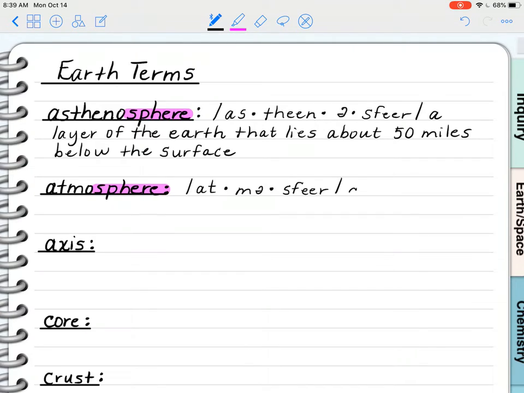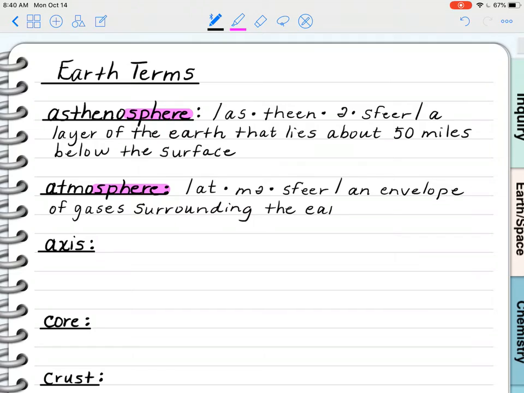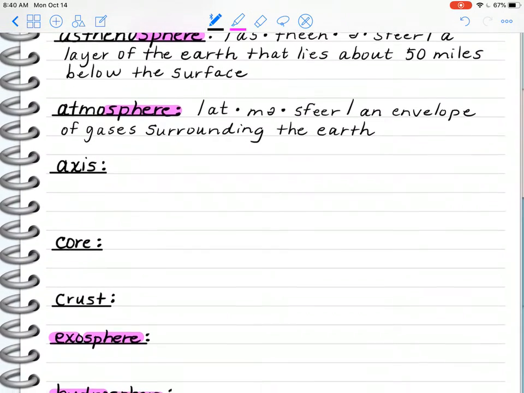Atmosphere is an envelope, or a blanket is another way to think of this. An envelope of gases surrounding the Earth. And we will do a diagram of the atmosphere as well. So it is an envelope or a blanket of gases surrounding the Earth.